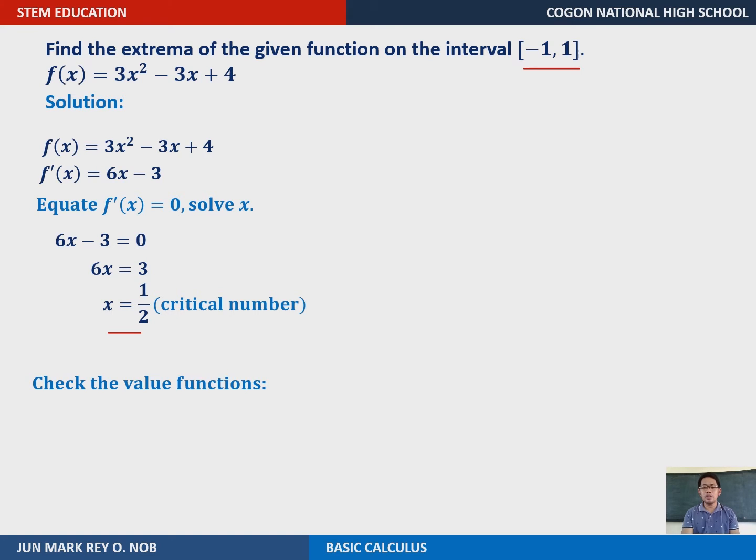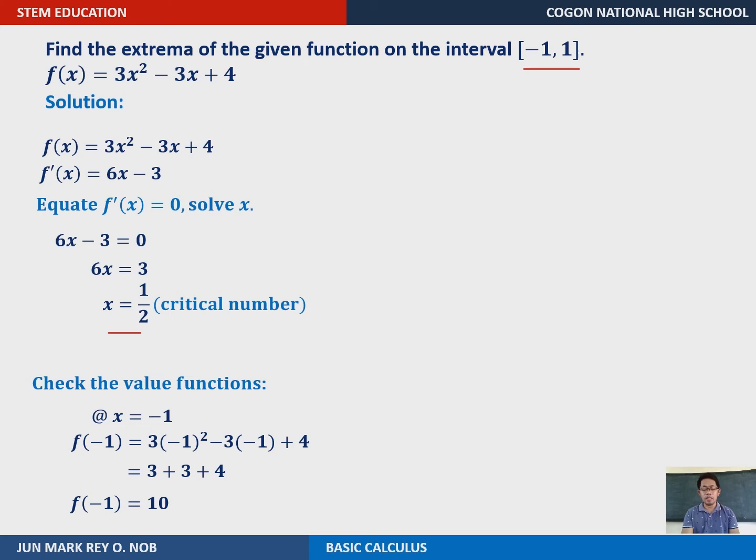Let's start with the lower limit of the given interval. At x = -1, we evaluate the function, simplify, and come up with f(-1) = 10. That's the value of the function at the lower limit.